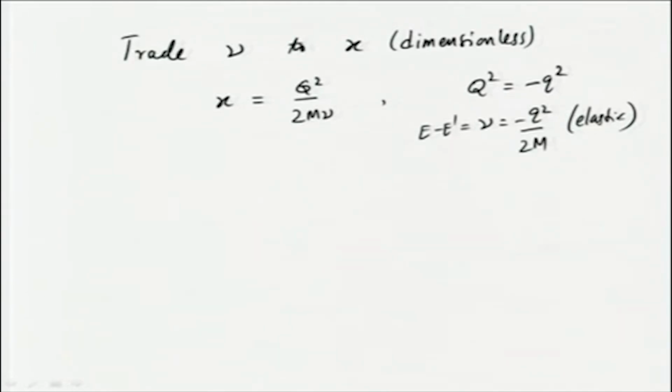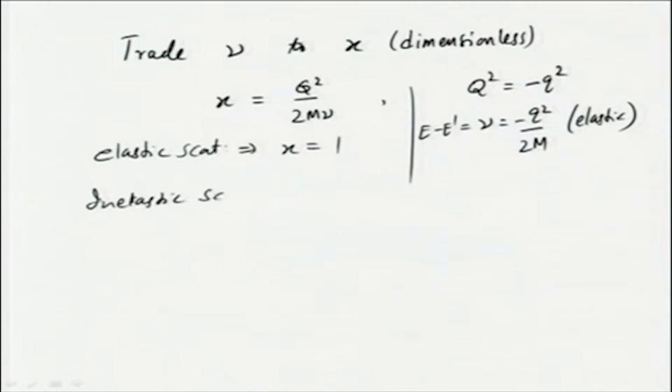So, minus q square is taken as a positive quantity, capital Q square. And elastic scattering gives x therefore equal to 1. For inelastic scattering, we have 2 m nu minus Q square larger than 0.